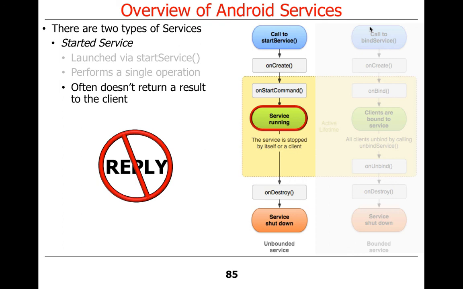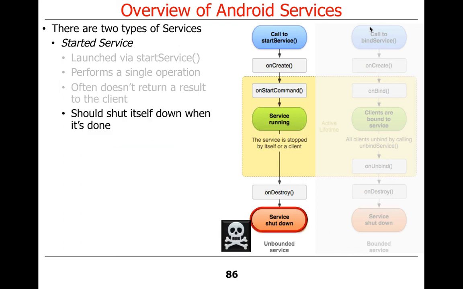When it's finished, it might do various things, but it doesn't necessarily have to tell the activity that launched it anything about what it was doing. You can almost think of startService as kind of like forking a process. If anybody here knows Unix, forking a process is kind of like starting a service. Not exactly, but along the same idea, so it doesn't necessarily have a reply.